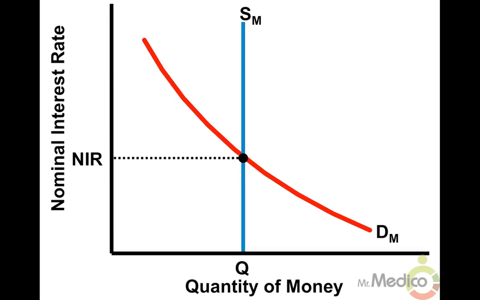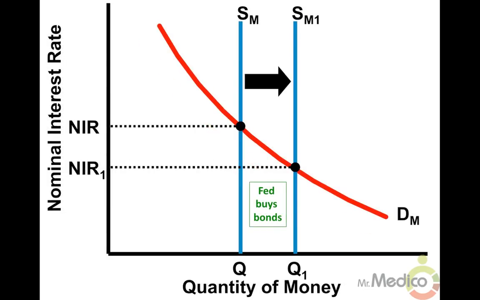And vice versa. Now, a lot of times on the College Board's exam, they're really testing you on how monetary policy affects the supply of money in the short run. And that has to do with the buying and selling of government bonds by the central bank. So when the Fed buys bonds, remember, buying bonds expands the money supply because the central bank is putting more money into circulation, putting more money into commercial banks.